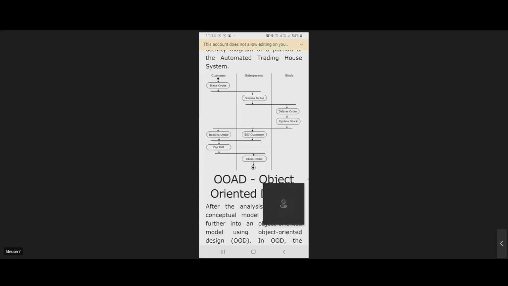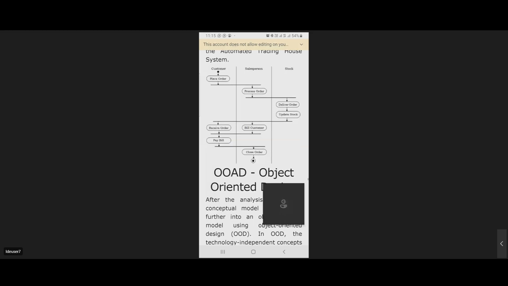So we are receiving the order and paying the bill, then closing the order. It's an activity only: a customer places an order, the salesperson processes the order, then generates the bill, and they pay the bill. That's it. It's the diagram for the activity.